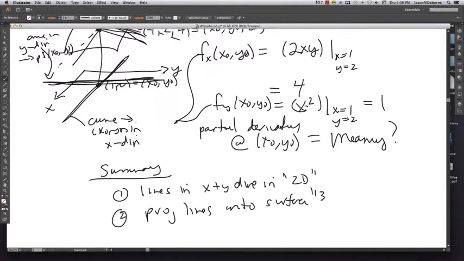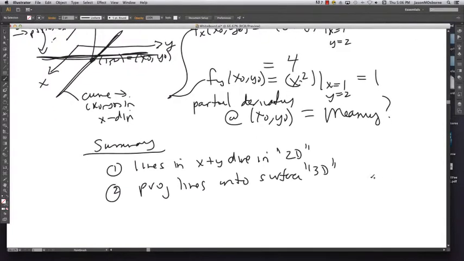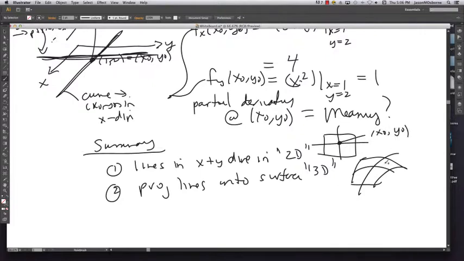Now clearly that's happening in 3D because our surface, so we're talking about getting these curvy lines on the surface. That's step 2. The first step was to kind of create these lines through the point x naught, y naught. You're then going to, step 2, create these curved lines that go through the point x naught, y naught, f of x naught, y naught.